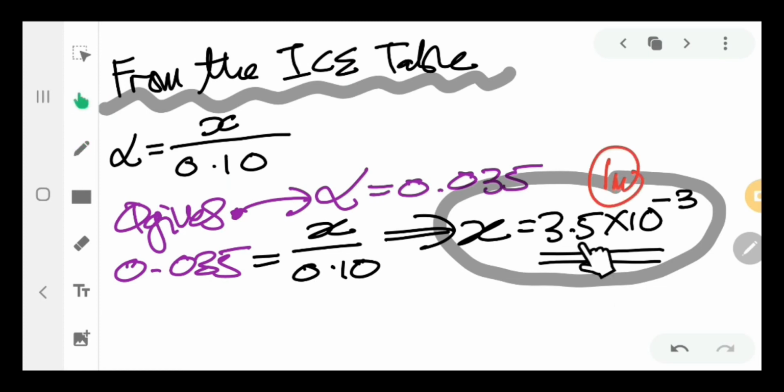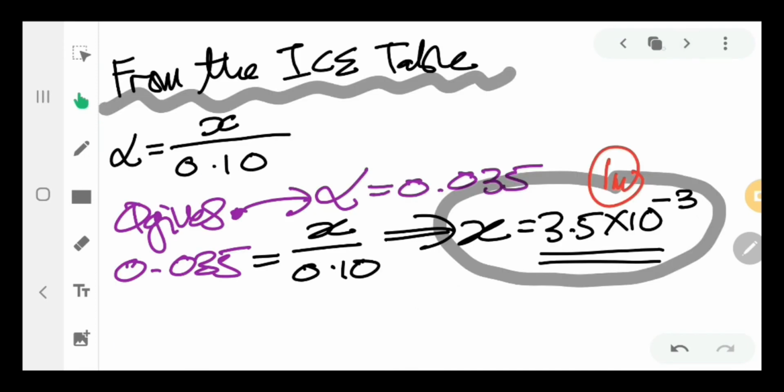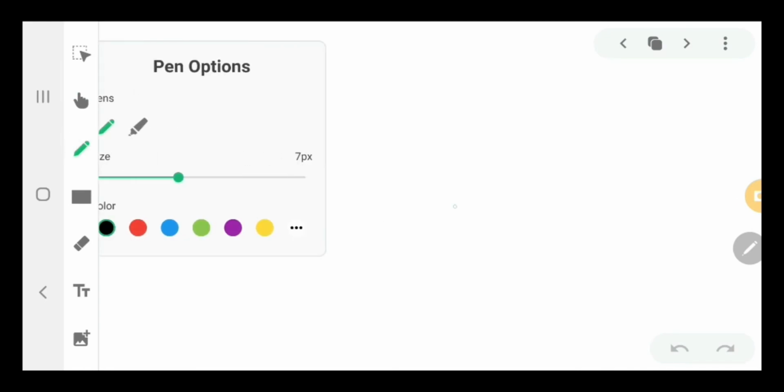So we take the value of x that we have found and plug it into the Ka expression.